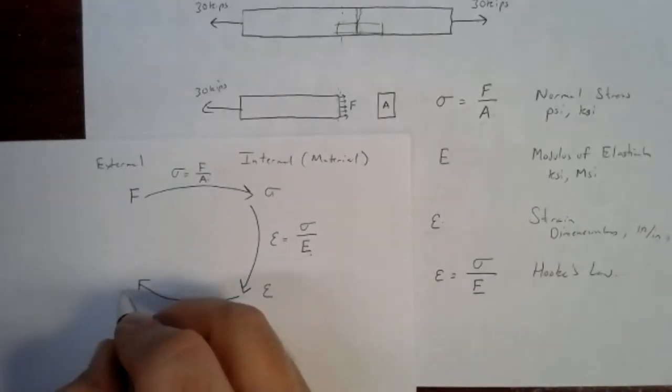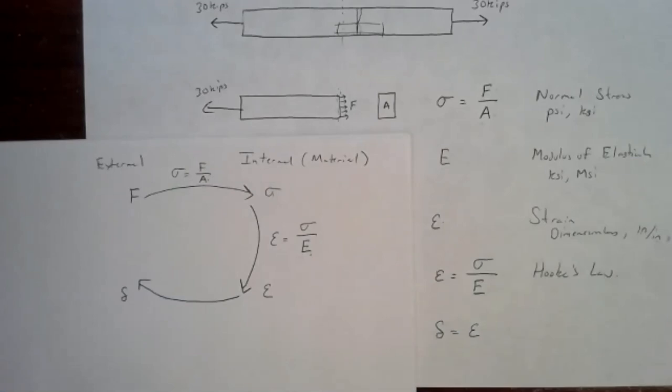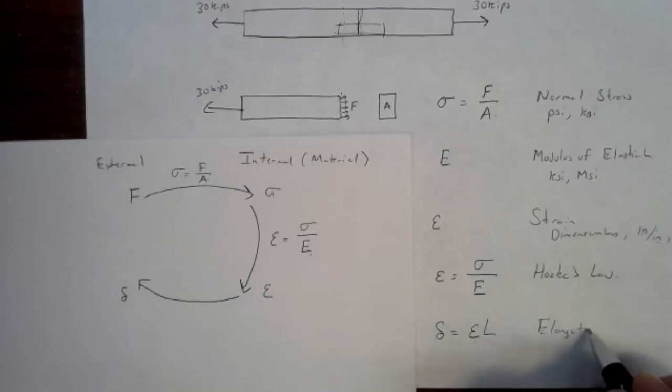our elongation. Suppose that's one I didn't write over here. Elongation is what we get when we add up the strain over the entire length of the member. So elongation, that's typically in things like inches or feet. It's a length.